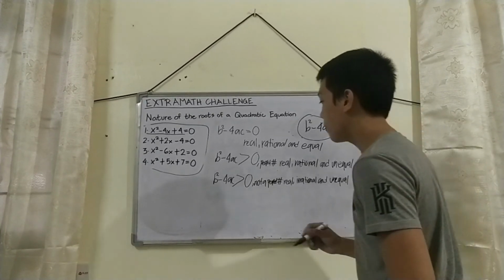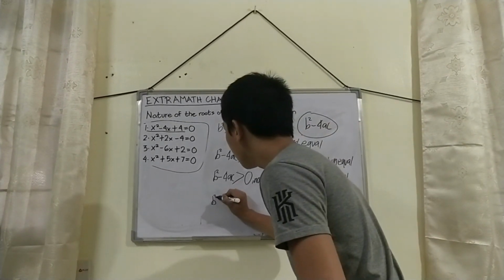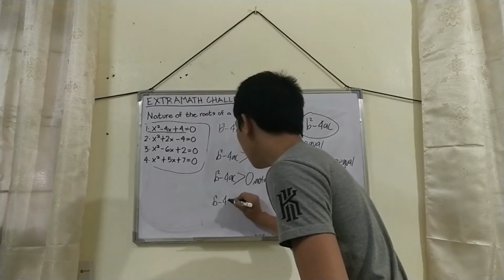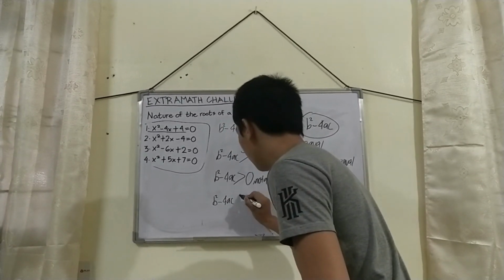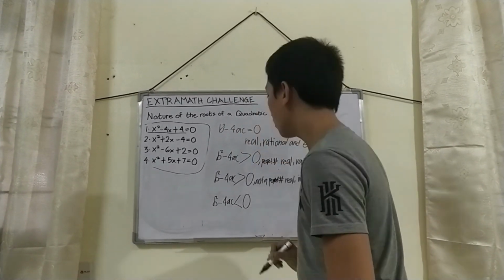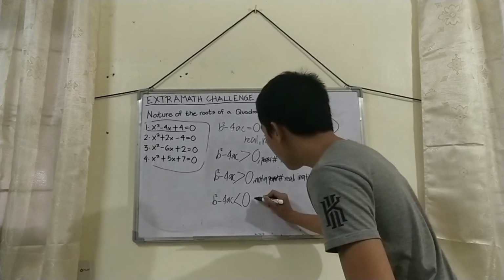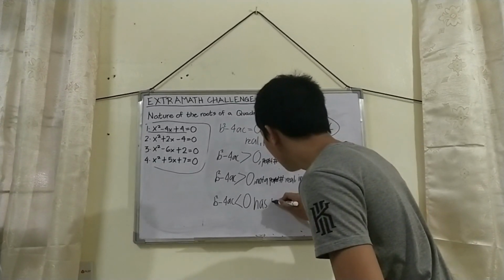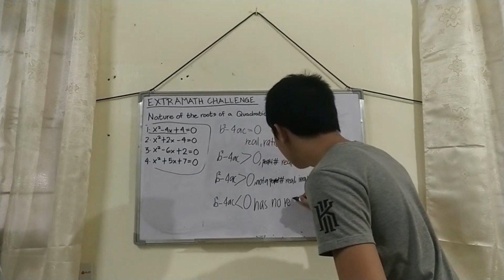In the last case, if b squared minus 4ac is less than 0, then it has no real roots.